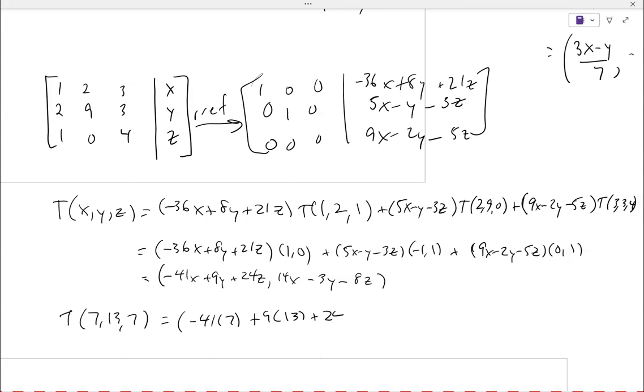I'm just going to plug it in. Again, put 7 in for x, 13 for y, 7 in for z. And whatever those numbers turn out to be. That okay?